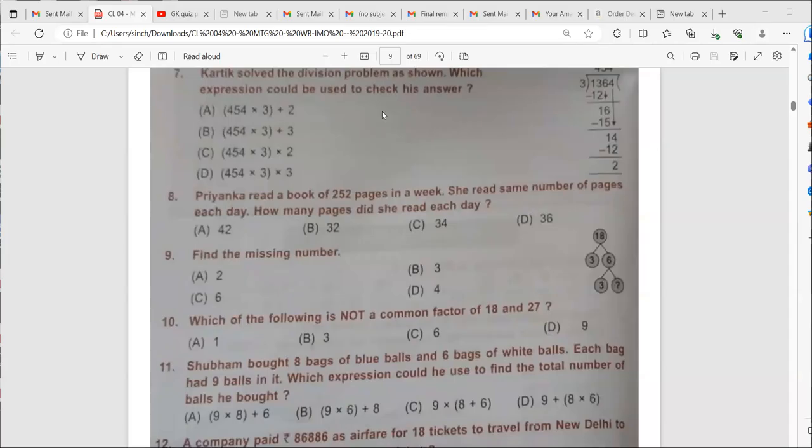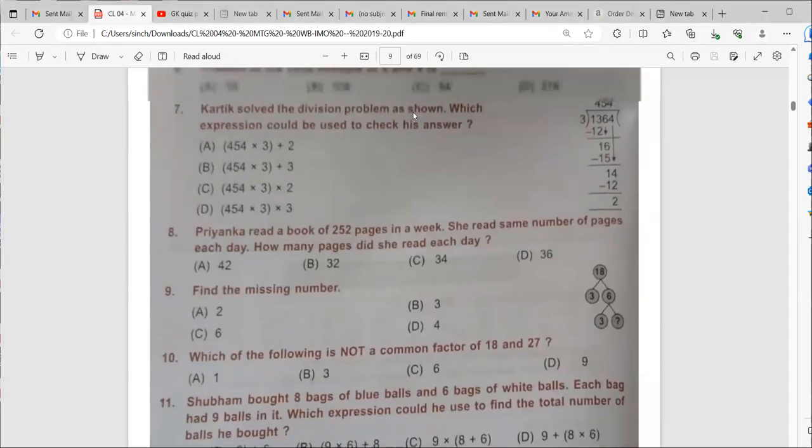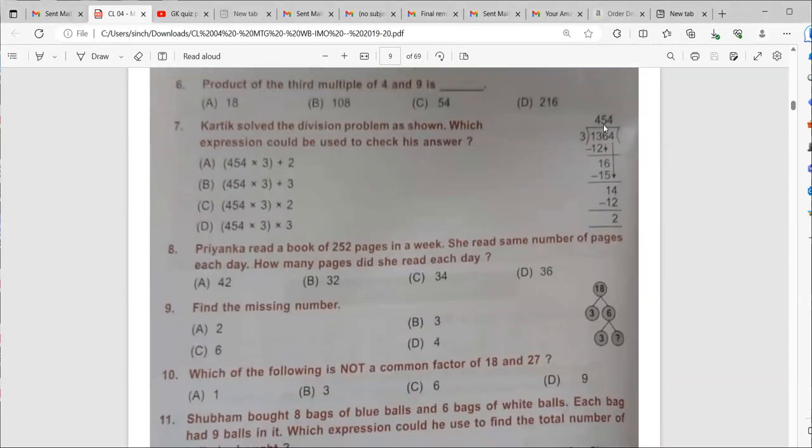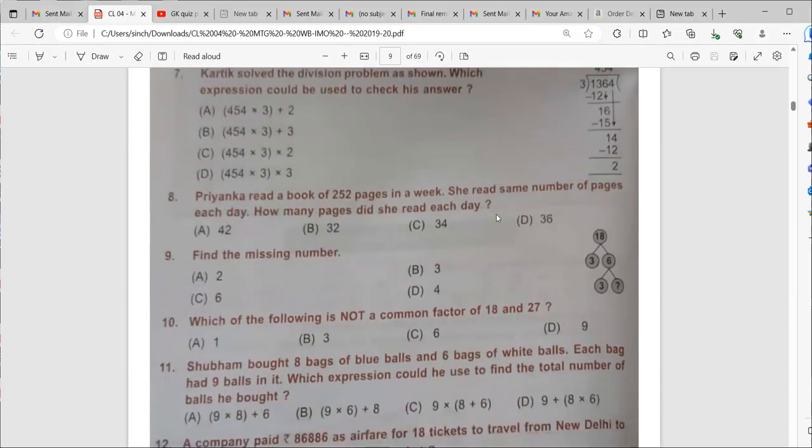Yes, so see, he has divided 1364 by 3, and the quotient is 454. The remainder is 2. So what he needs to do to check whether he is correct or not?